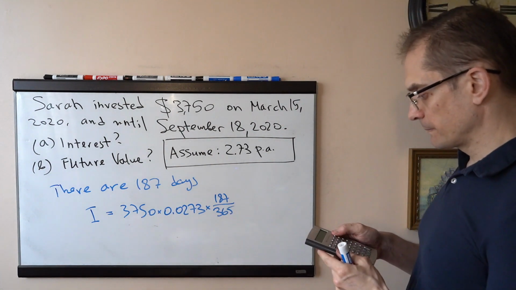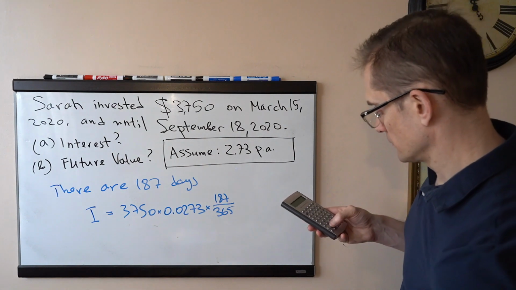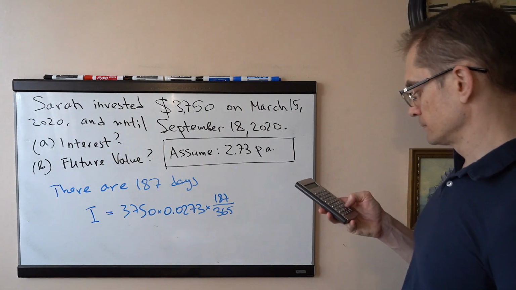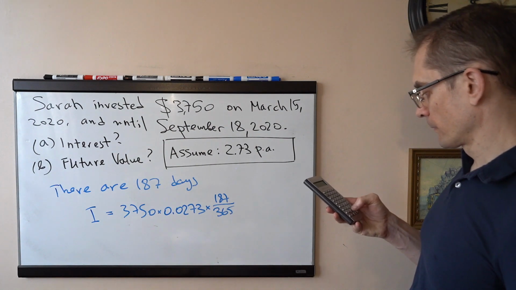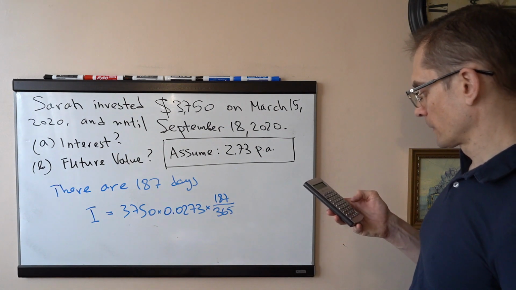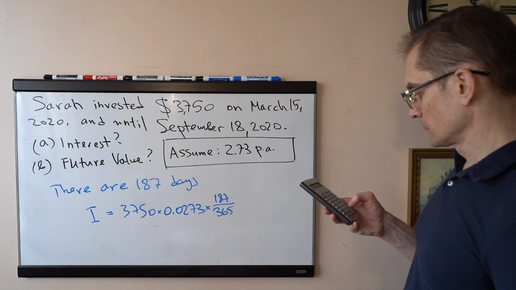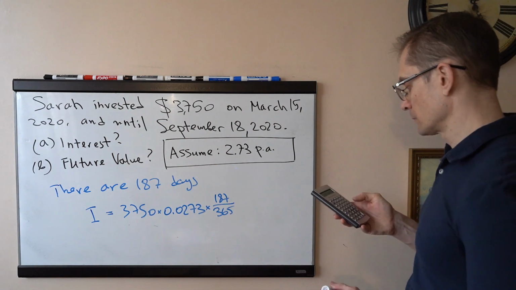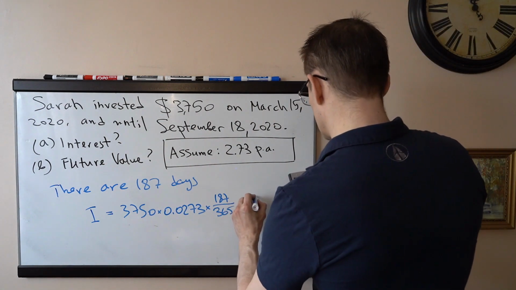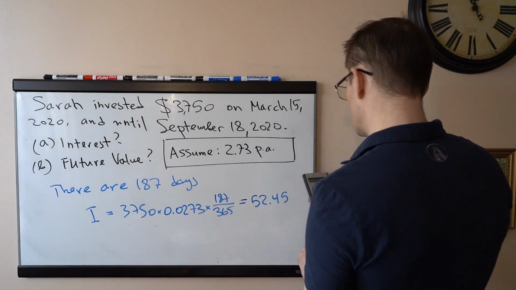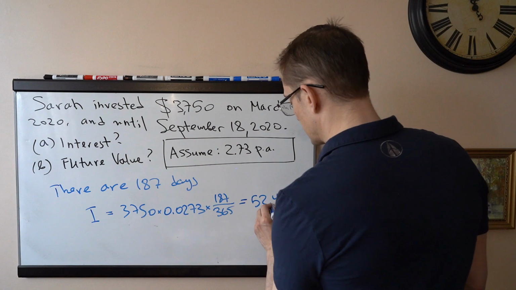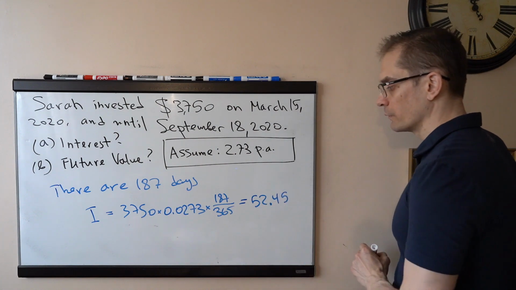Let's calculate this. So this is going to be 52.45 if rounded to 2 decimal places. 52.45 is the interest amount.